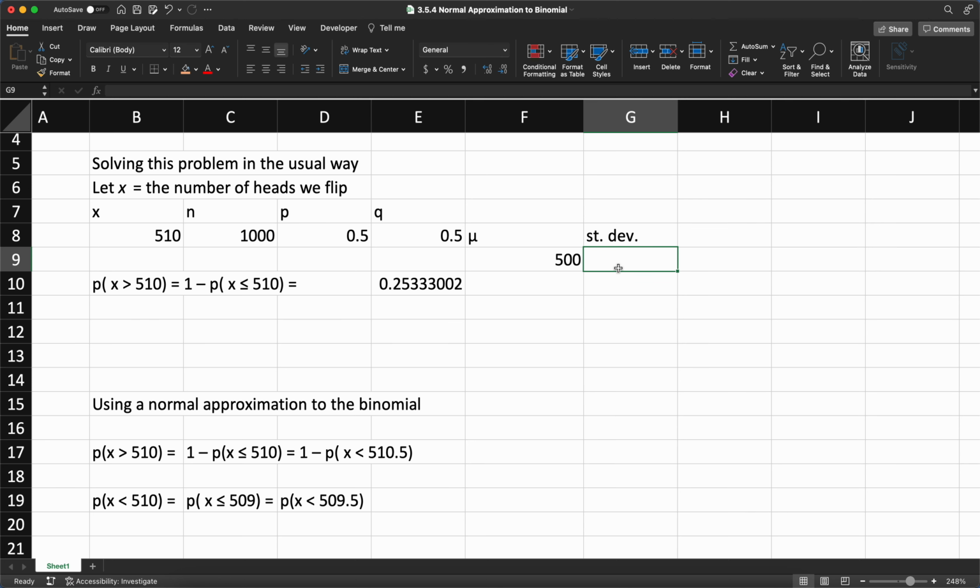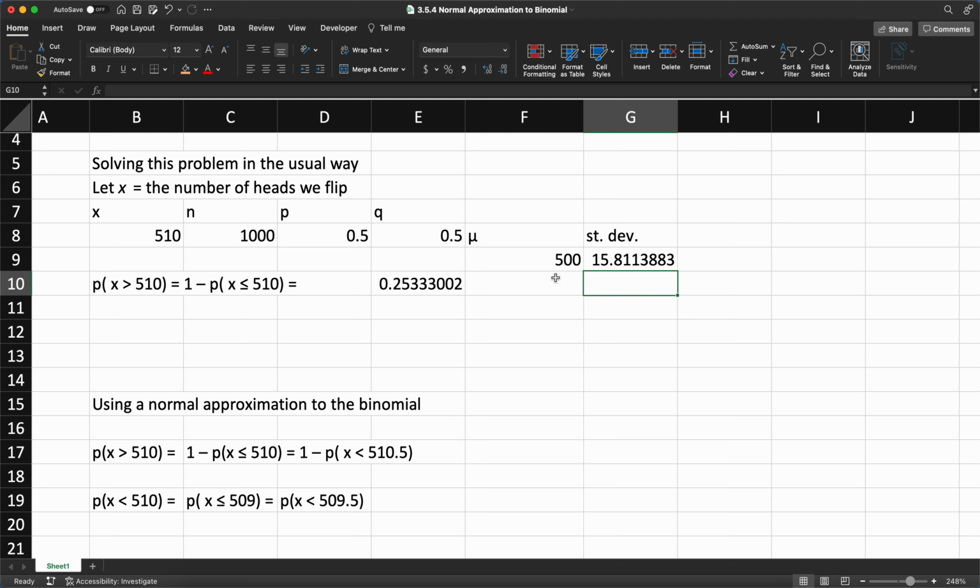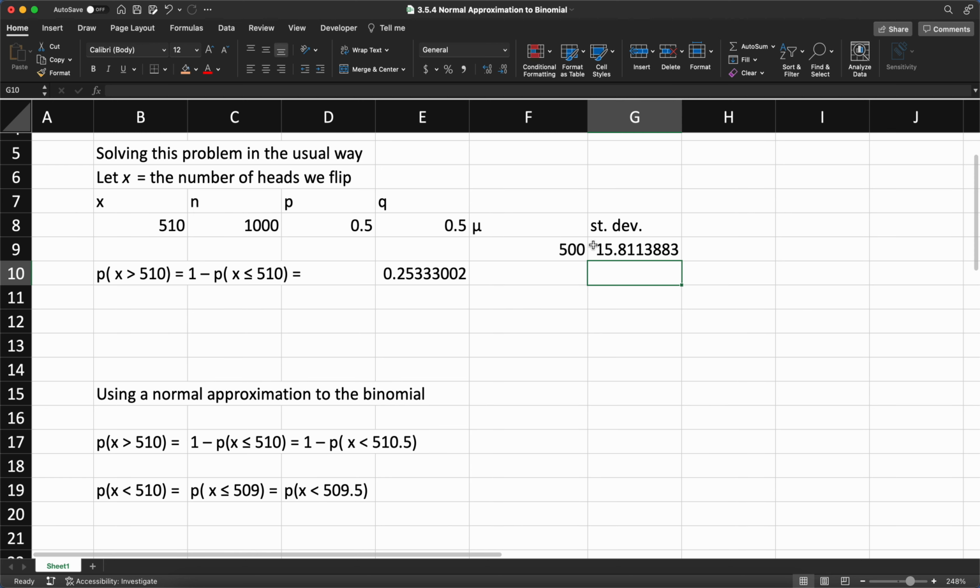And the standard deviation is going to be the square root of n times p times q. That's how I find the mean and standard deviation for a binomial random variable. I could do that by hand. I didn't need to use Excel to do that. So I could have found those values in a historic setting.